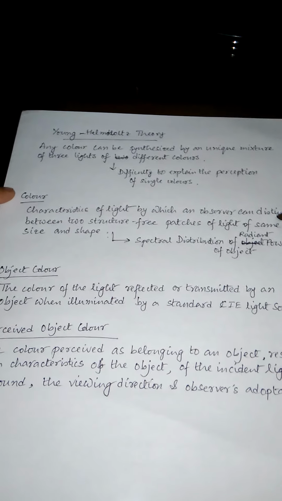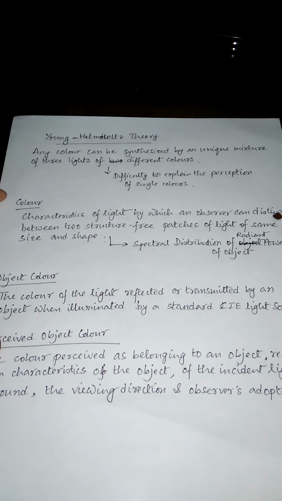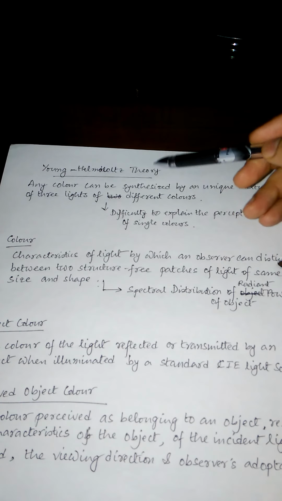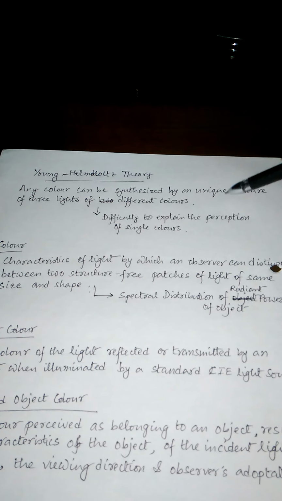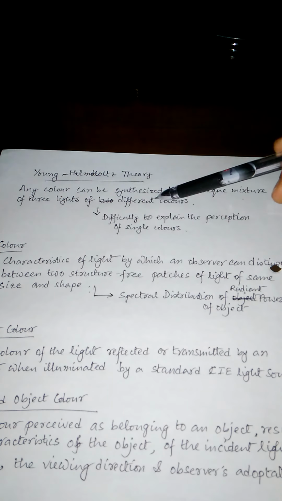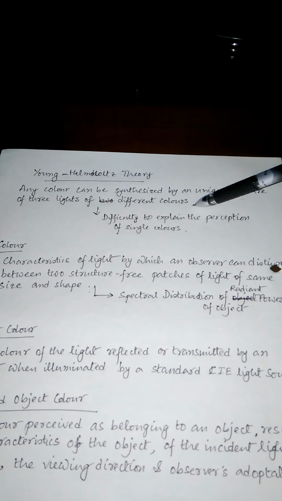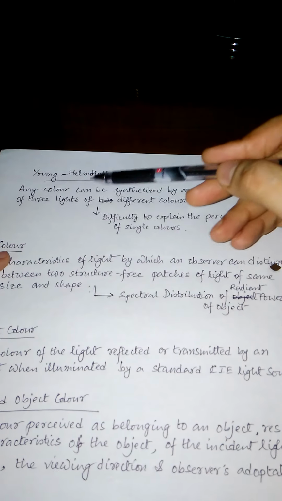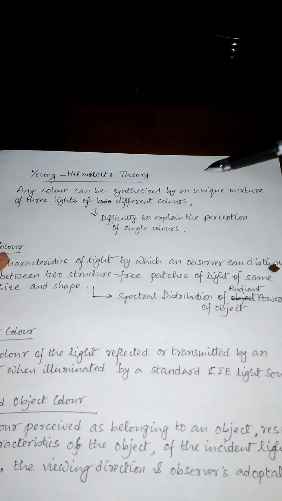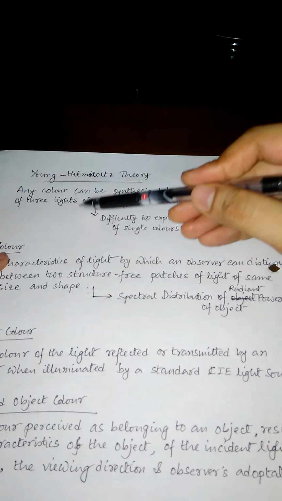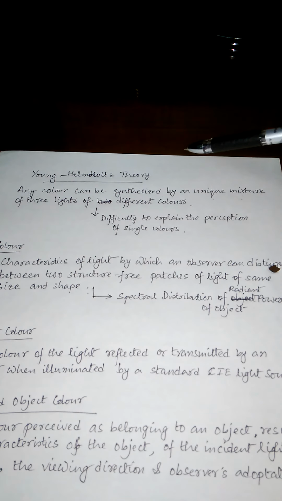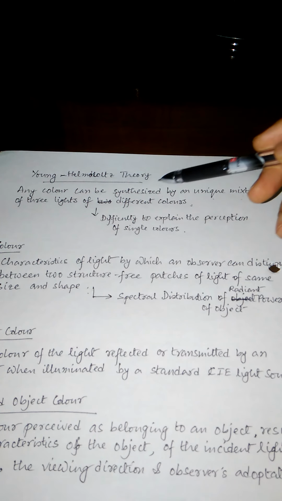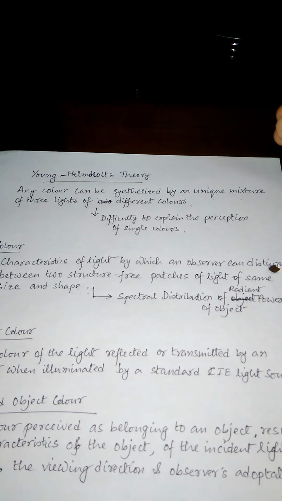Now there is one theory, the Young-Helmholtz theory, which says that any color can be synthesized by a unique mixture of three lights of different colors. What does it say? Any color can be synthesized by a unique mixture of three lights of different colors. These scientists say that if we consider three lights, we are considering primary colors and secondary colors.